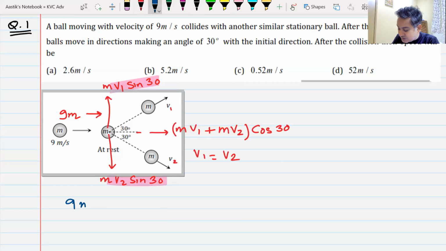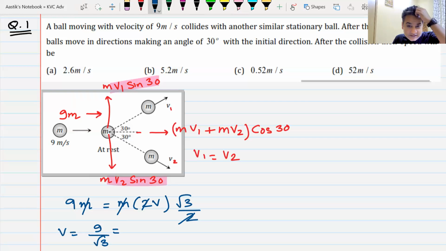So I can just write 9m will be equal to m into (v1 plus v2) cos 30, which becomes 2v times cos 30. Cos 30 is root 3 by 2. Do we understand this? Yes, sir. m and m cancel, 2 and 2 cancel. Your v becomes 9 by root 3. 9 can be written as 3 squared, 3 into root 3 into root 3.